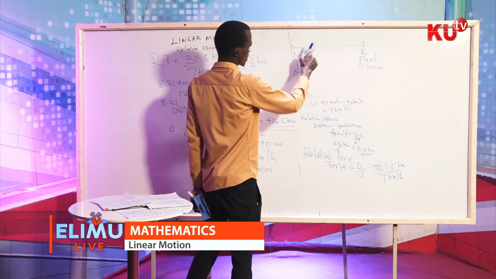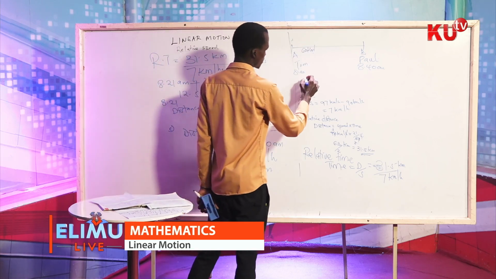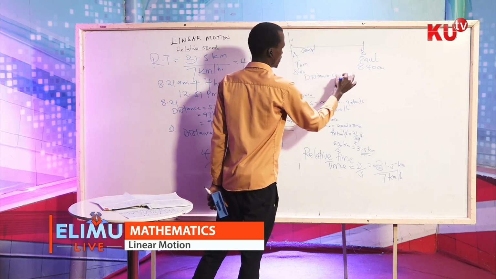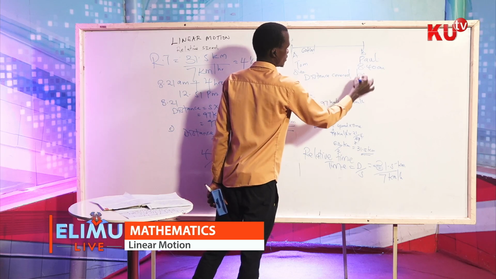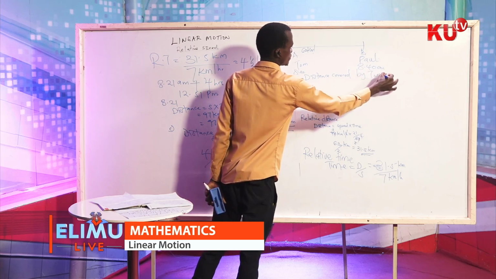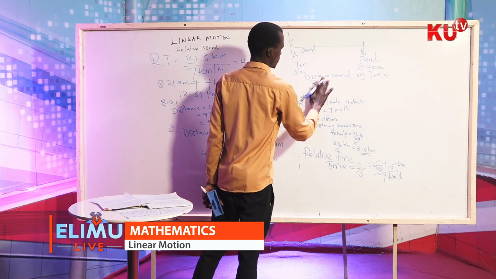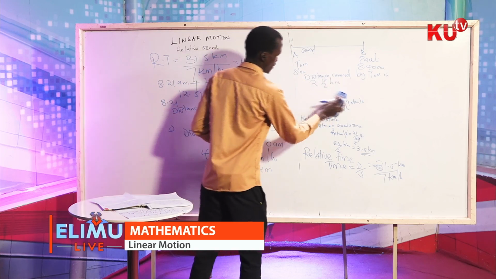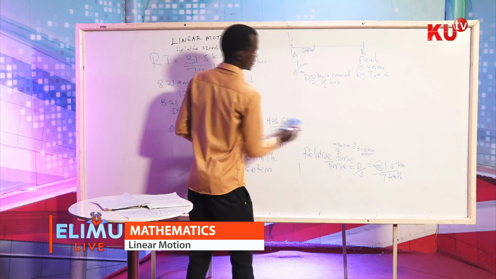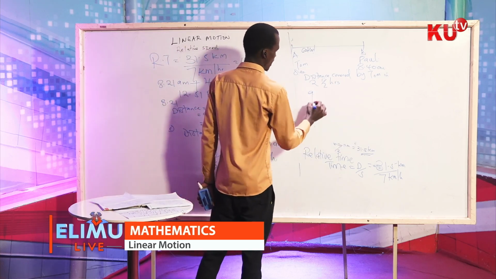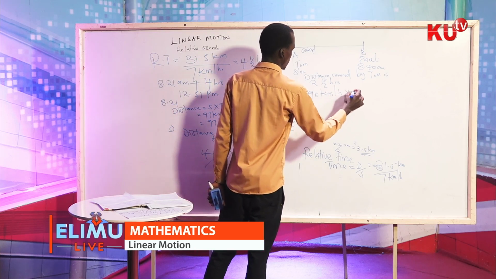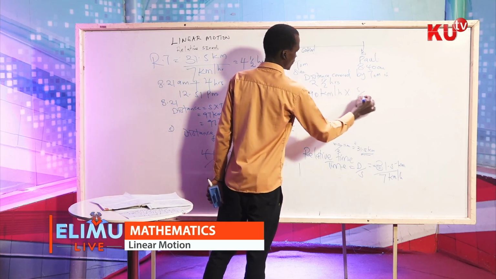So what is the distance covered by Tom in the 2.5 hours? So that is 90 kilometers per hour multiplied by 5/2.